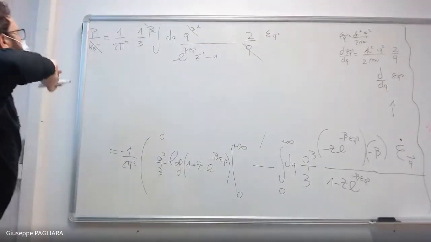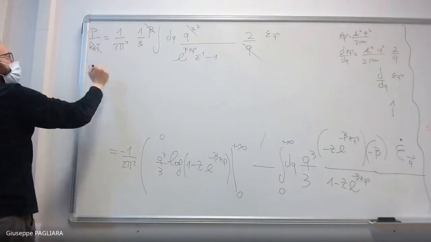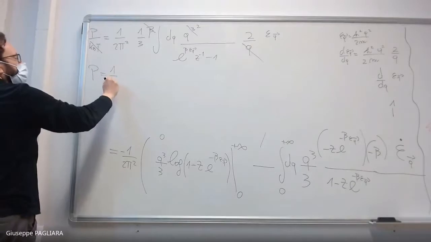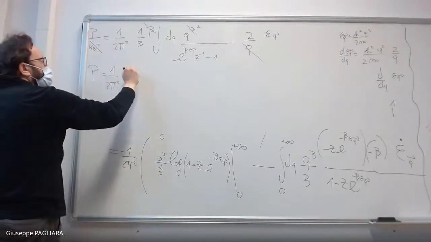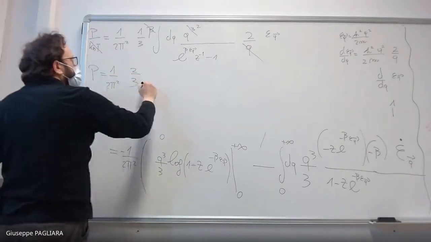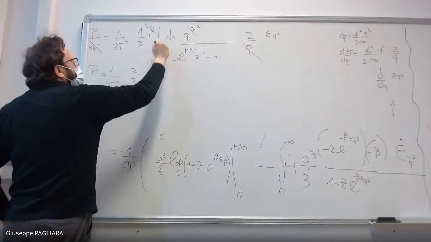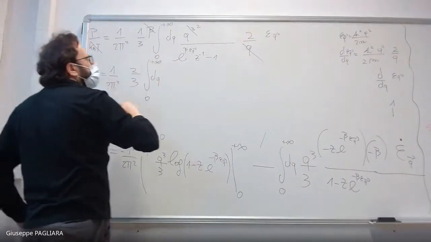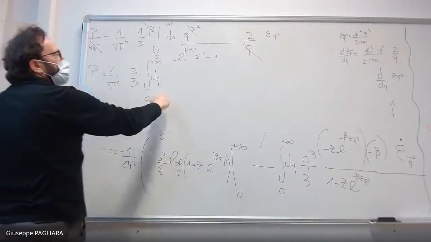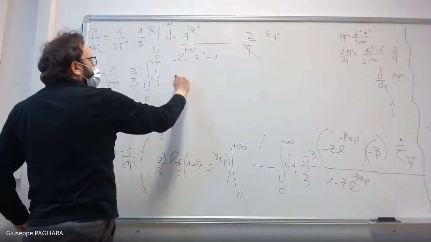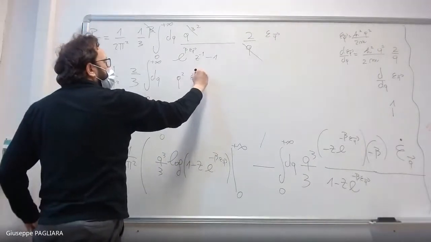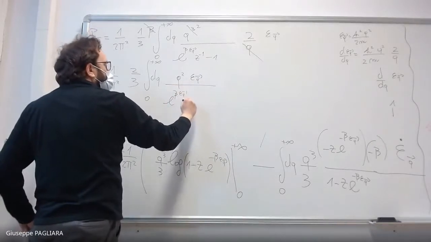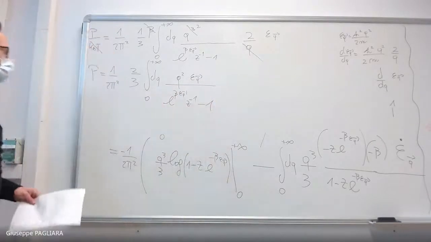And so I have p equal to 1 divided by 2 pi squared, times 2/3, times the integral over dq from 0 to plus infinity of q squared epsilon q, divided by z to the minus 1 e to the beta epsilon q minus 1.